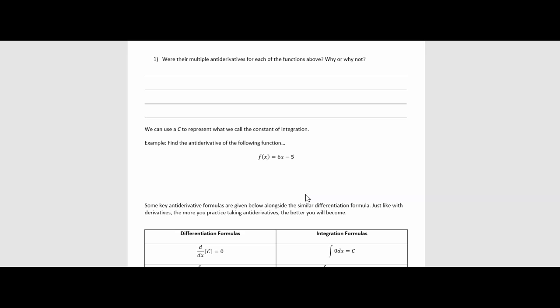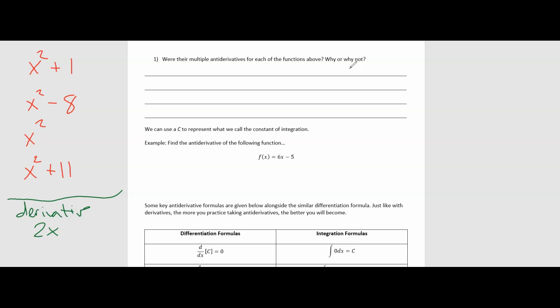The answer is yes, right? Because we can add on a constant to any original function, and it's not going to change what the derivative is, right? Let me just give you some examples. If I have x squared plus 1, x squared minus 8, x squared by itself, x squared plus 11, all of those derivatives are equal to 2x.